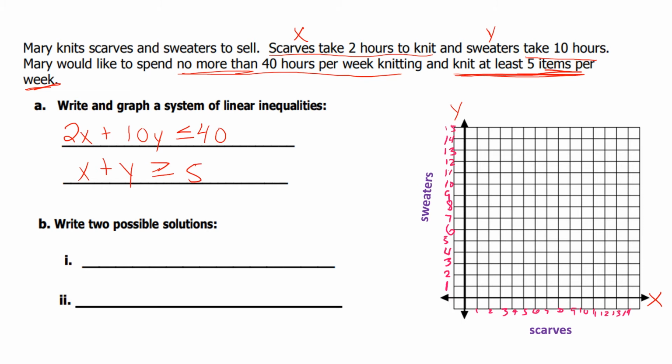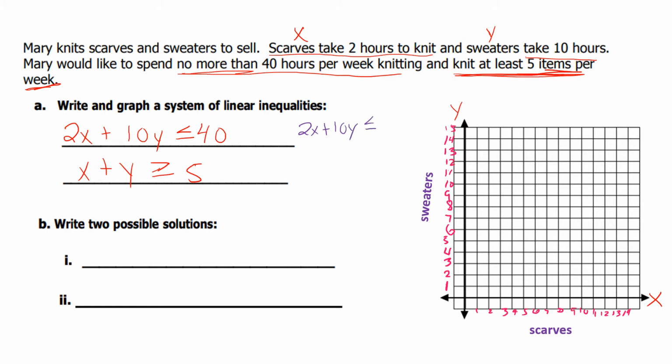All right. So we can graph this. We could either use our intercepts, our x and y intercepts, or we can rewrite them in slope-intercept form. I've only labeled my graph up to 15 for y and x, so I'm going to rewrite it in slope-intercept form. So basically that is just solving the equation for y.